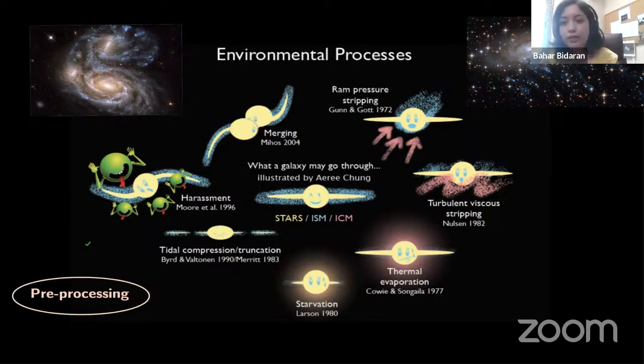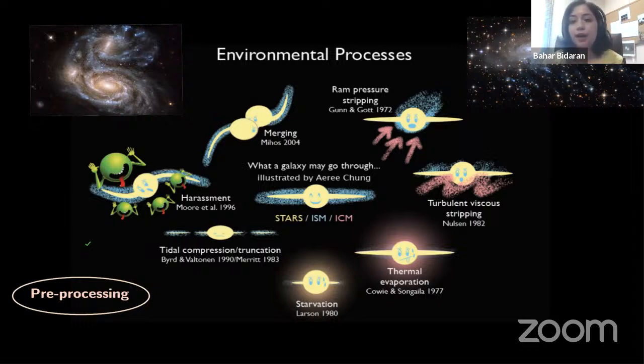I'm not going to go through the details here, but I want to emphasize that in any high density environment, galaxies can feel these processes. And it doesn't necessarily mean it's only the present day host halo that acts on the galaxy. As a galaxy, you can come to the cluster individually, or from a filament, or as a member of a galaxy group.